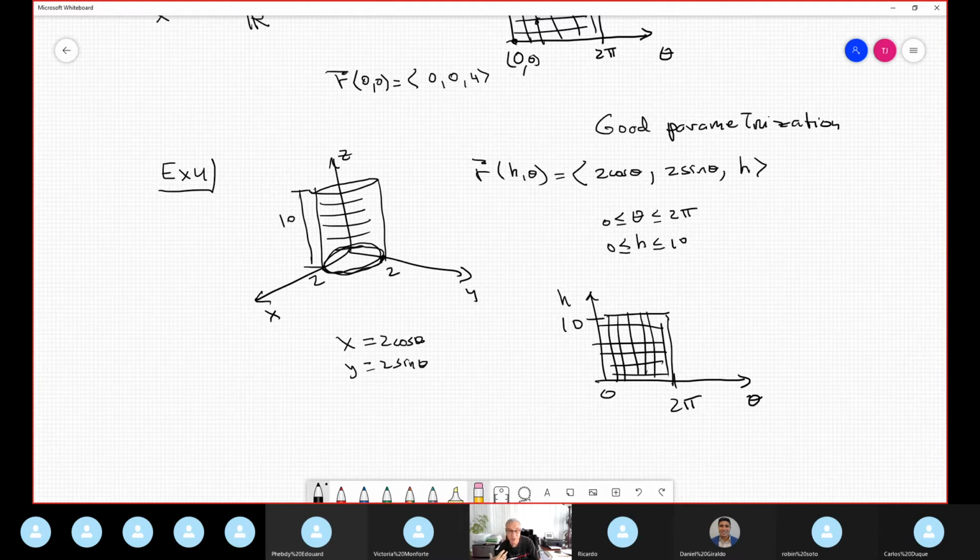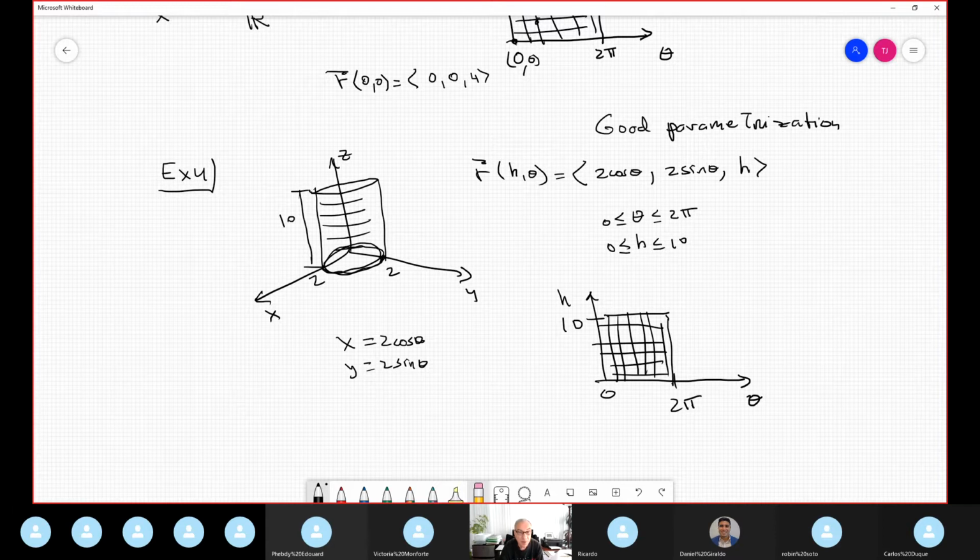For example, a plane is obvious, it is a much better parameterization in the Cartesian coordinates XYZ. This is the example of the cylinder.